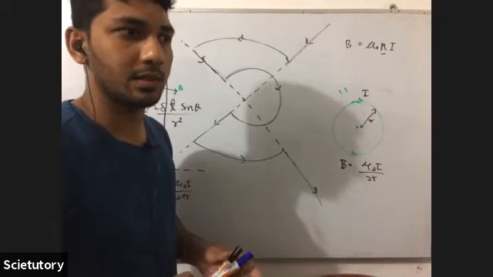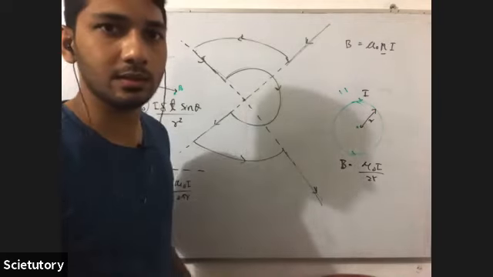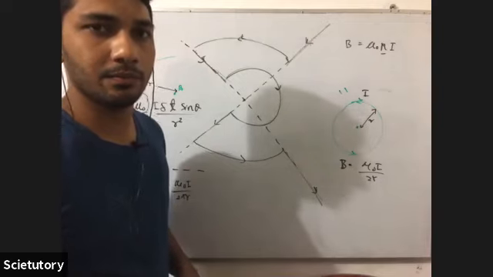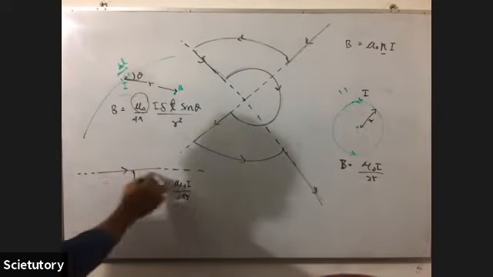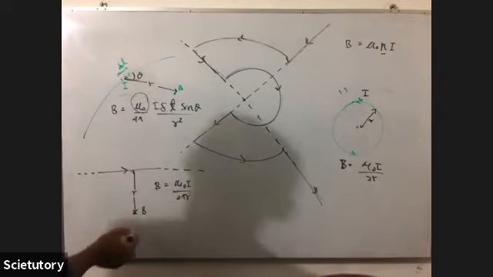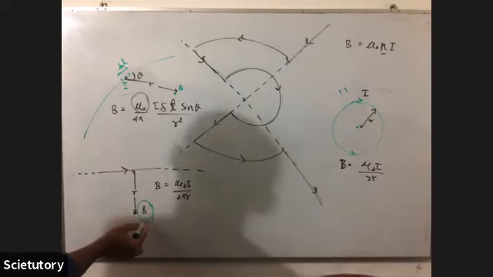Will that cause? It's a linear conductor. It cannot cause. A linear or very long conductor can cause a magnetic flux density from a distance r.